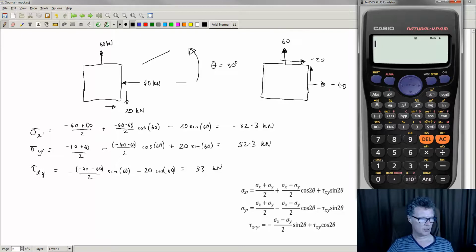Other stuff you might want to look at for your revision. So the only thing we haven't really covered on the formula sheet is using the strain equations. What do I mean by the strain equations?